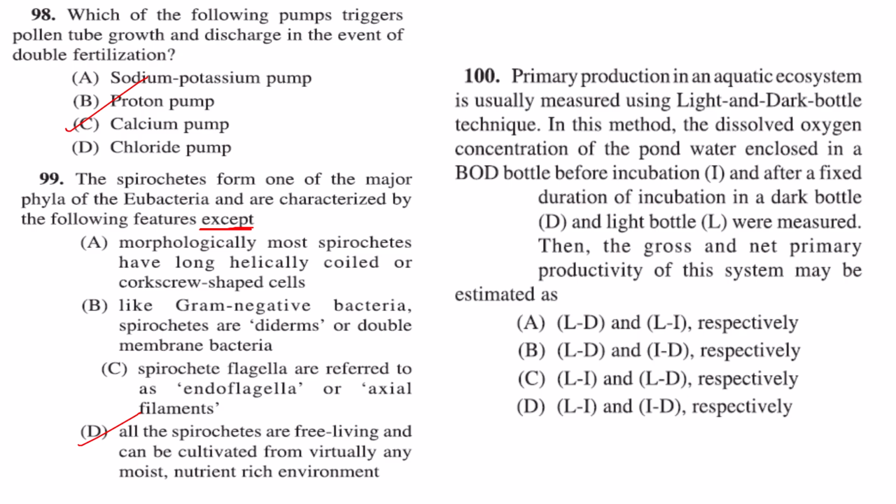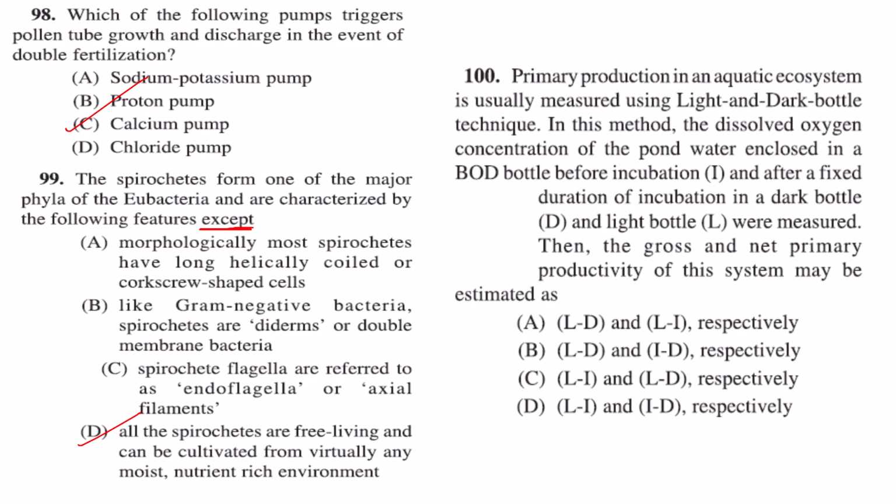Okay, now you have to find out what is the gross and the net primary productivity. Now gross primary productivity is the total amount of organic matter that is produced by photosynthesis. So it is estimated based on the difference in the dissolved oxygen concentration between the light and the dark bottles. So it is capital L minus capital D. That is gross primary productivity. Now what is this net primary productivity?